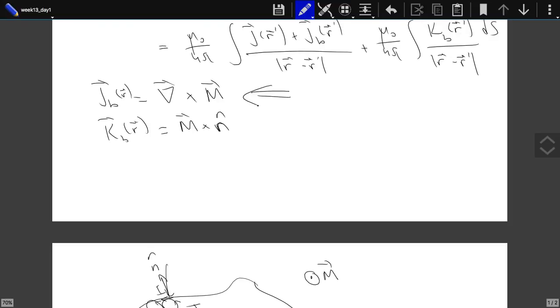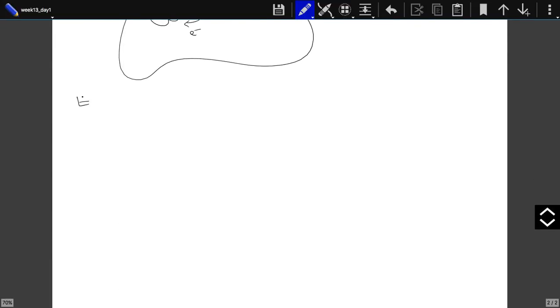Now let's do some examples. Let's look at a sphere, which is magnetized uniformly.